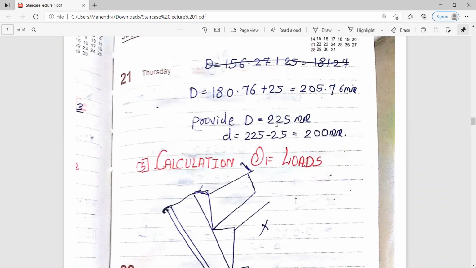So 225 mm minus 25 comes to 200 mm. This is for the depth of slab. Then in the third step, you need to calculate all the loads acting on your staircase. So do up till here, then we shall proceed to step number 3.